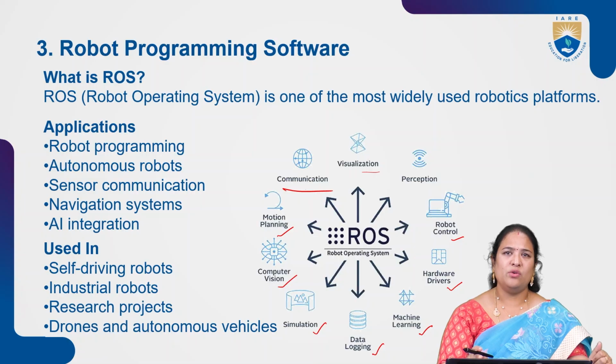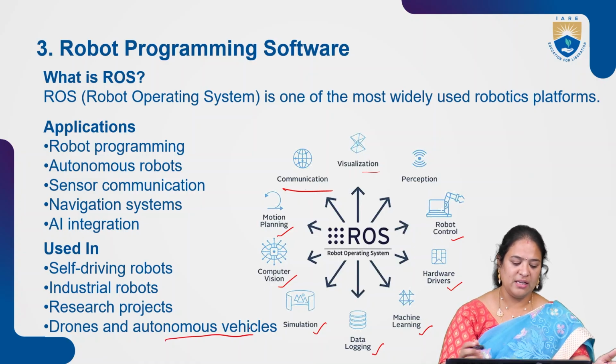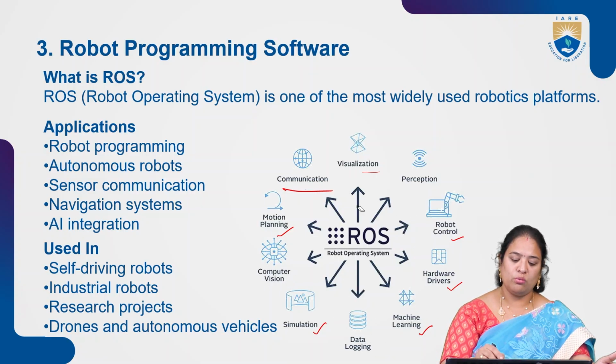This software is used in self-driving robots, and in self-driving cars like Tesla and the cars manufactured by Toyota Industries. It is also used in industrial robots, drones and autonomous vehicles, and for research projects.